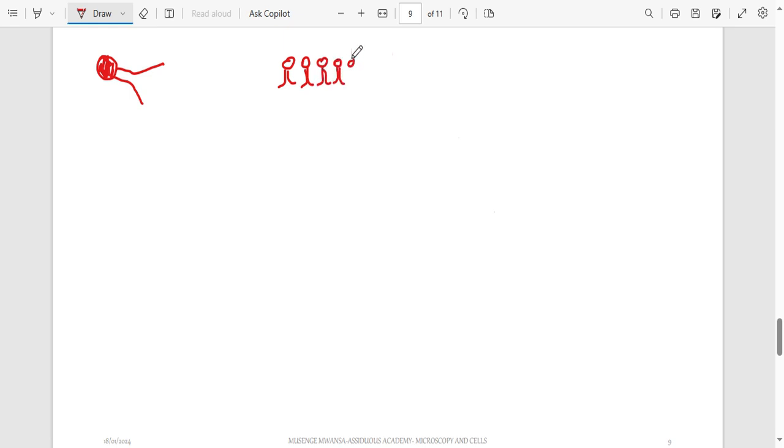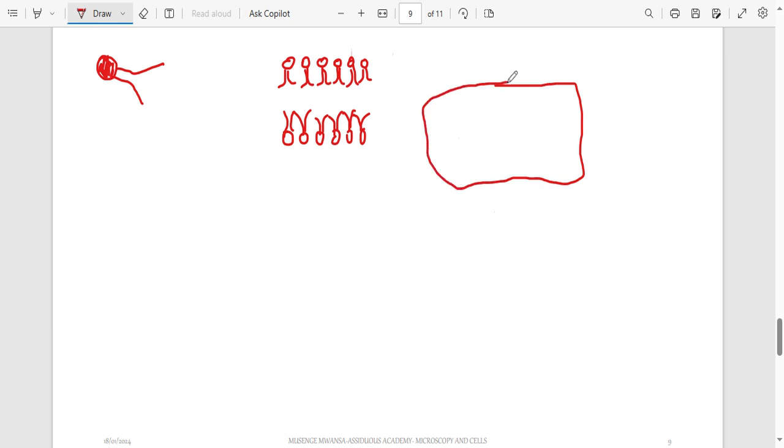So the heads are facing in one direction, the tails are facing in one direction. You also have again heads like this, the tails are facing towards each other. So the tails face each other, the heads face each other. Okay, so this one I've written is actually going to be the one surrounding the entire cell.